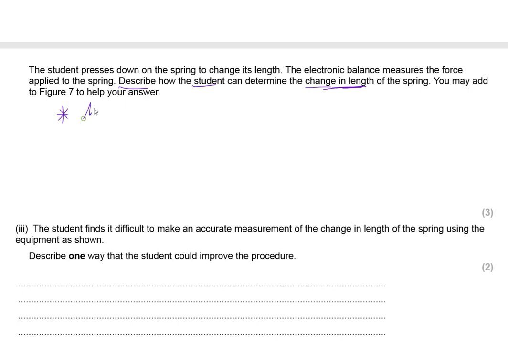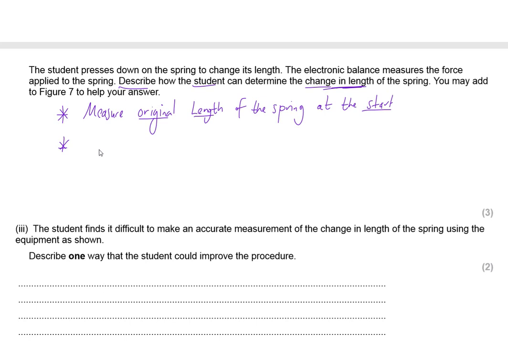Okay, they need to measure the original length of the spring at the start.